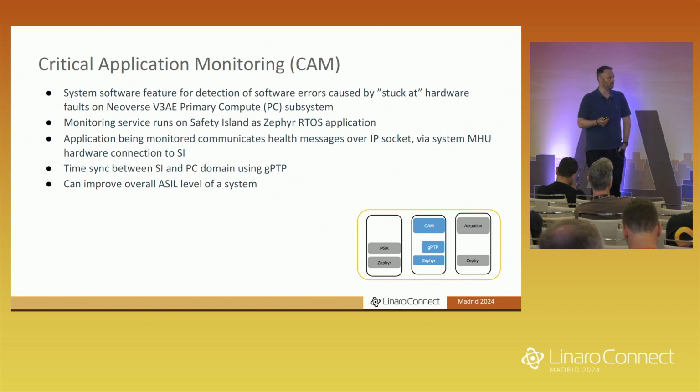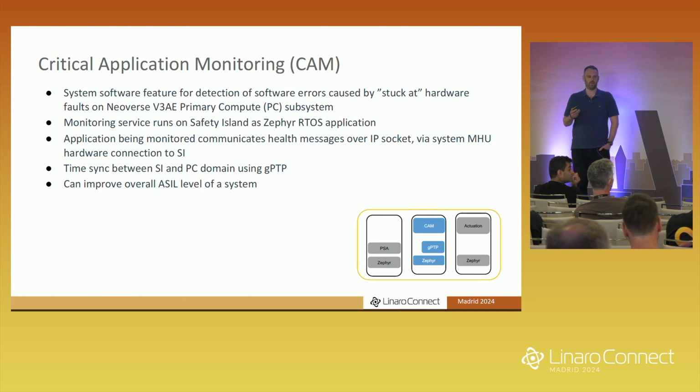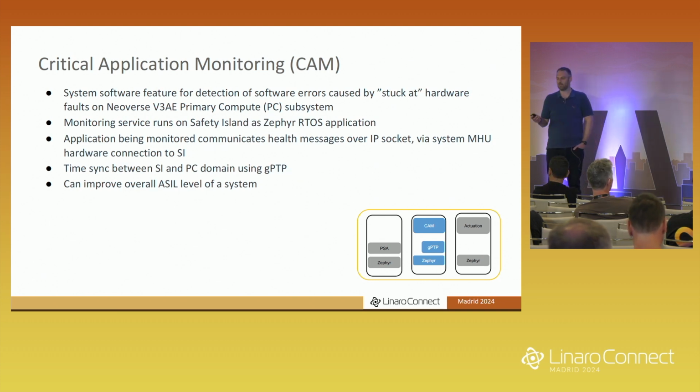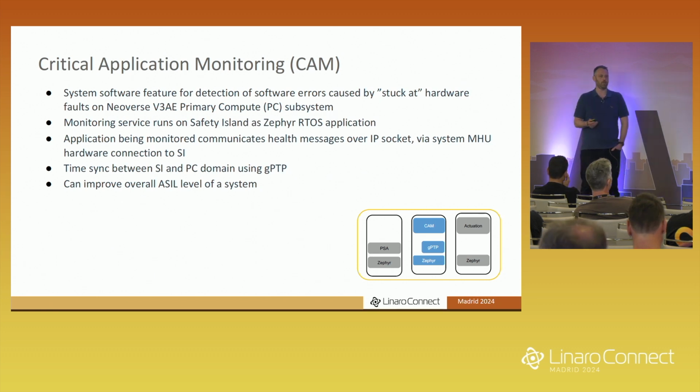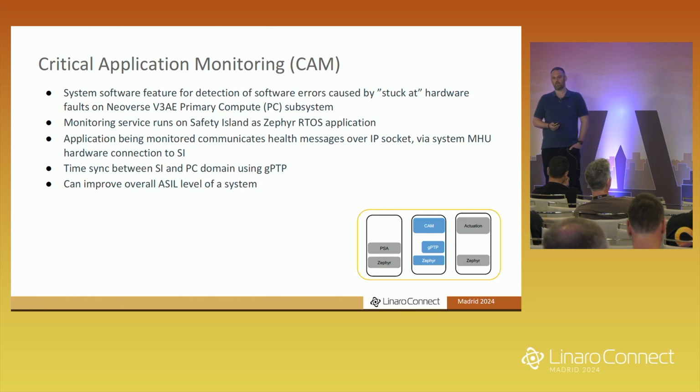And in this instance, what we have is a mechanism where the safety island is monitoring the applications that are running on other aspects of the system, and that we can analyze message arrival and timing information and conclude if there's anything that's not happening in the order or within the time limits that we've specified on the safety island.